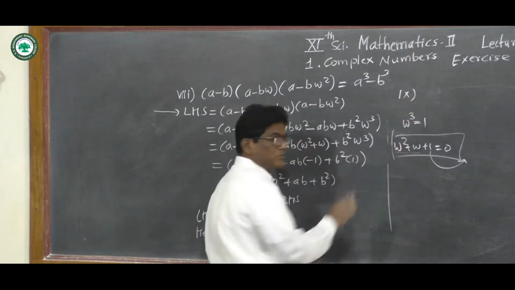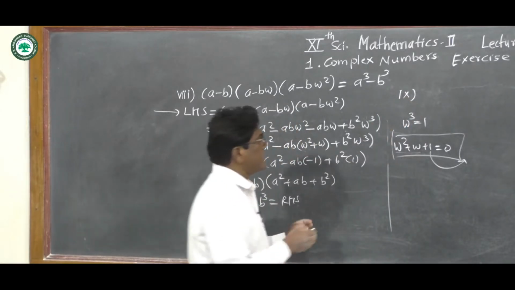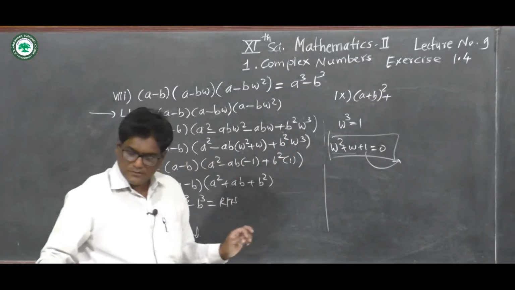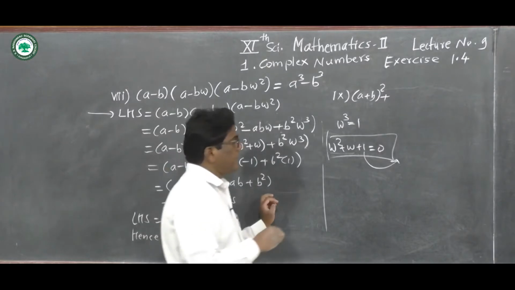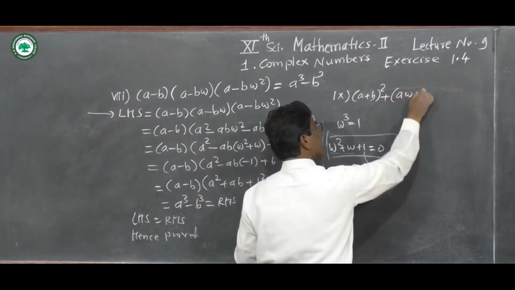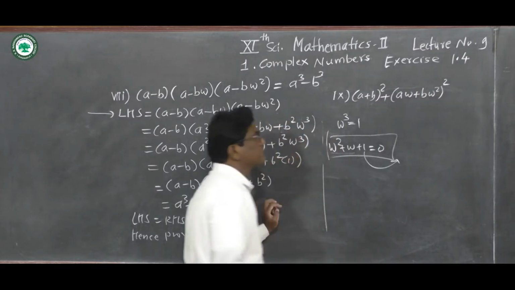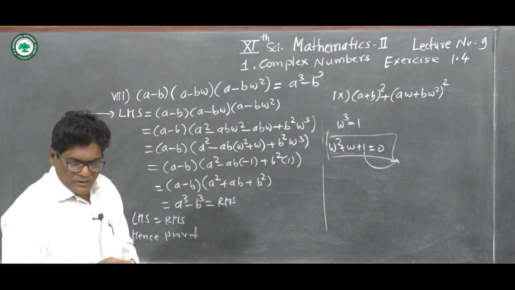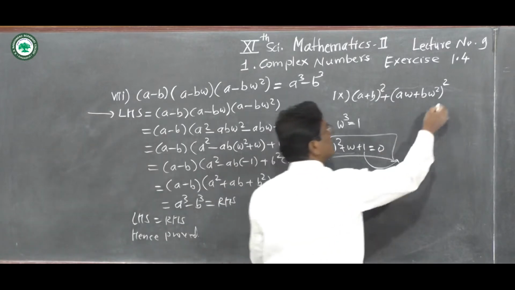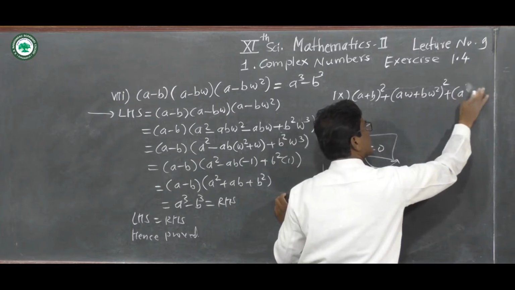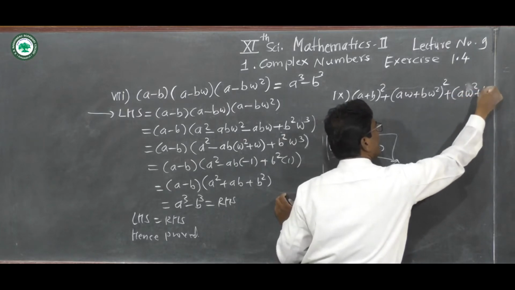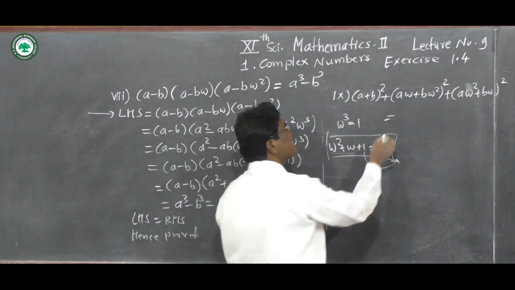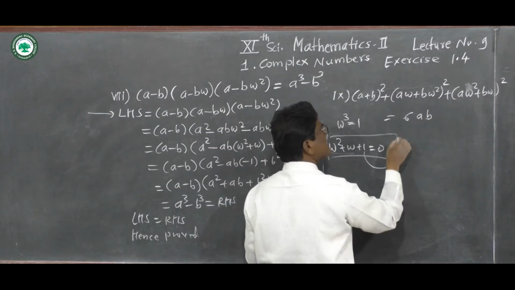Ninth problem, you solve yourself: a plus b bracket square, plus a omega plus b omega square bracket square, plus a omega square plus b omega bracket square, and it is equal to, we have to show this as 6ab.